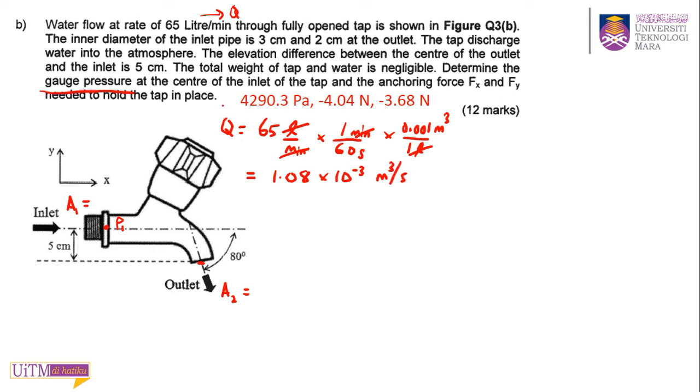Okay, so make sure you know how to convert. If not, it will affect everything. You cannot solve everything, because this Q you will use in your calculation after this.